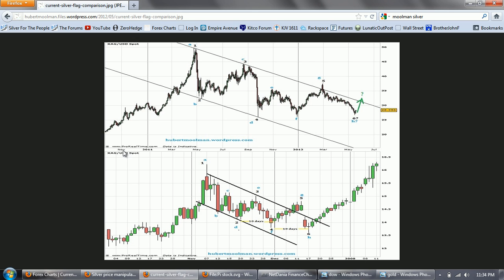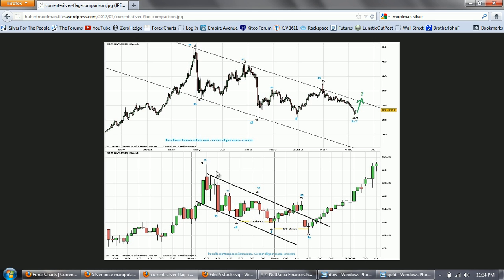But you can see on the upper chart you've got November 2011, all of 2011, part of 2012. So the one is about a 3 to 4 month time frame. The other one's about a 16-month time frame. But you can see the similarity in these trend channels.